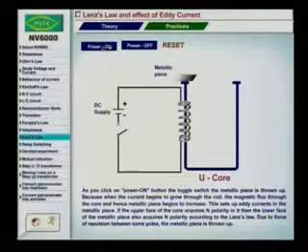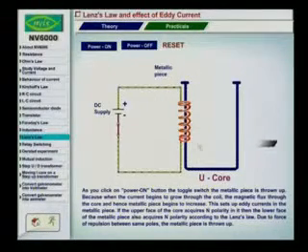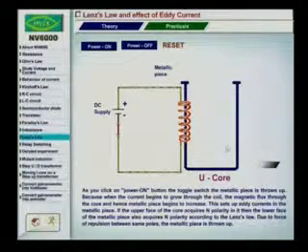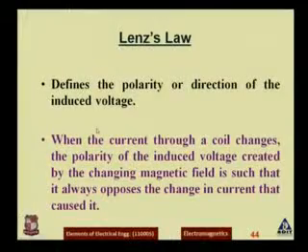Whenever I power on, this piece of metal will be thrown up because it is getting a force in the magnetic field. So this was the Lenz's law demonstration.